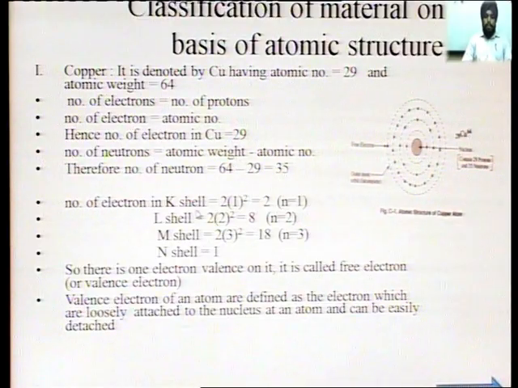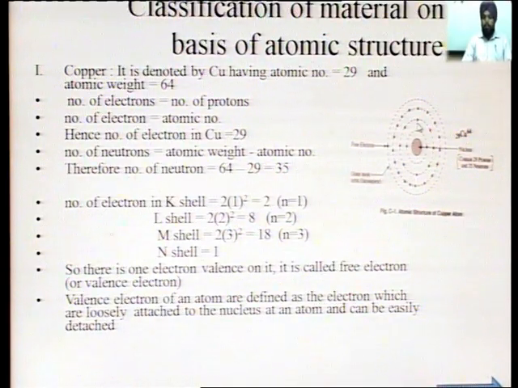The number of electrons in the K shell of the copper atom is 2 times 1 squared, following the formula 2n squared, where n is the number of the orbit from the nucleus. In the first orbit, the K shell, the number of electrons is 2, that is 2 times 1 squared equals 2. In the second shell, or L shell, it is 2 times 2 squared equals 8.